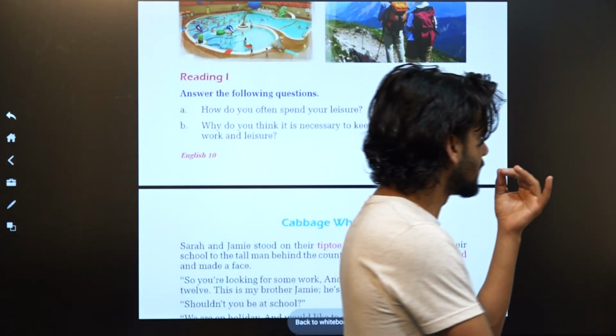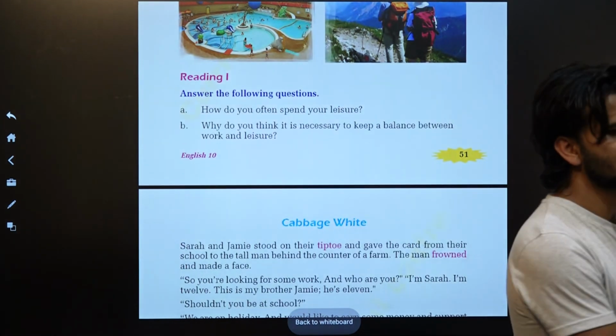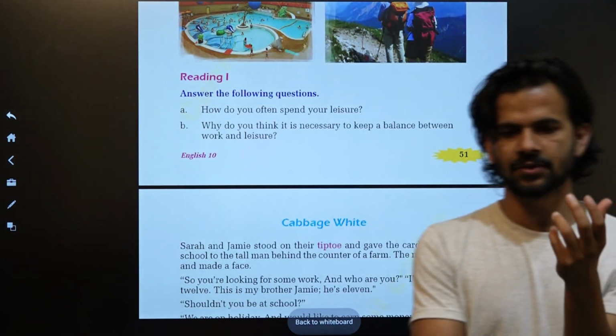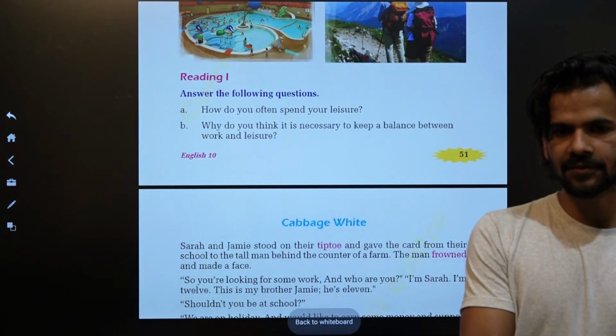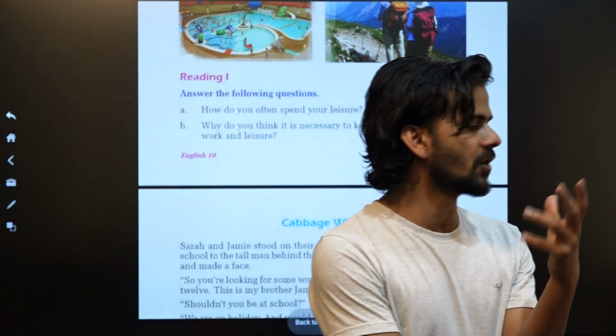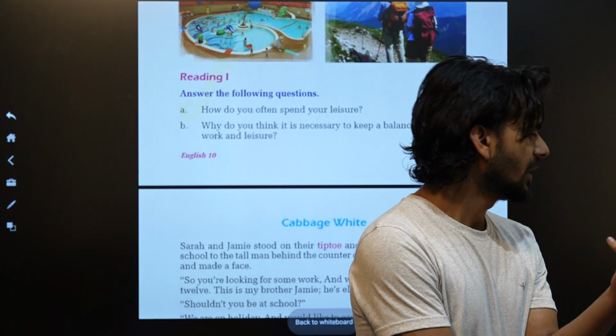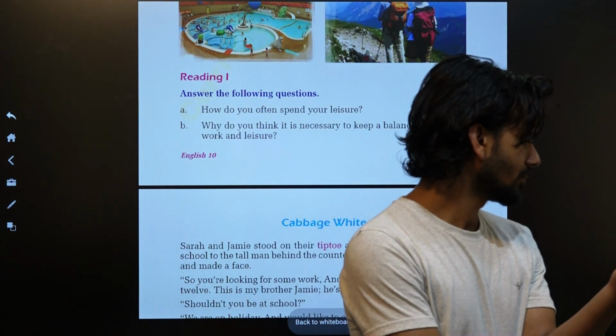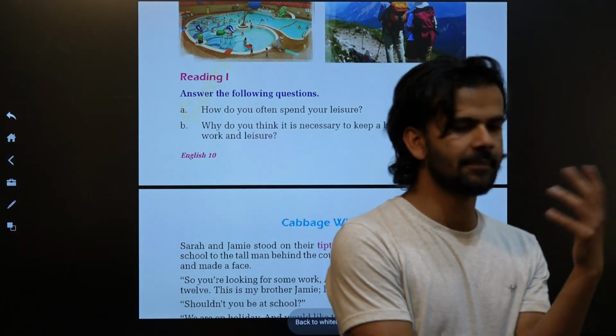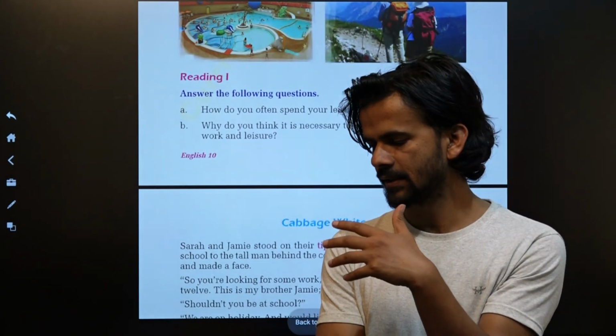Work is generally understood as an activity that you do on a regular basis to make your living. Right? It's kind of a job that you are constantly engaged in. You have to do it even when you don't like it. But of course, that can be a different thing, right?